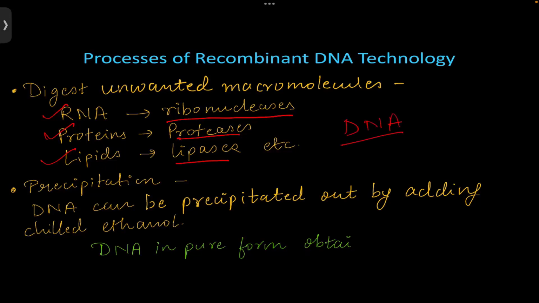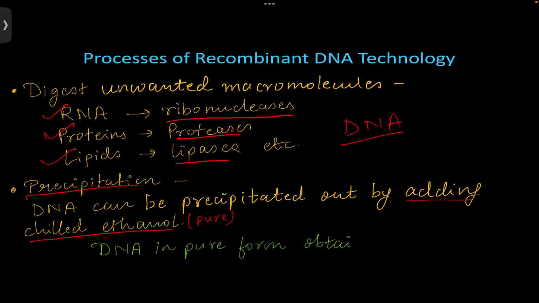So from the reaction mixture, you have to precipitate it out. Okay, that is the precipitation step you will do. How will you precipitate out your DNA? You will do that by adding chilled ethanol. And this ethanol should be very pure, almost 99% pure, and it should be chilled beforehand.